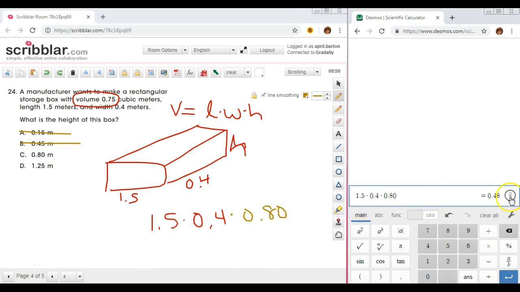We type it in, we get 0.48, also not our answer choice, which means D has to be our answer. But you can always type it in just to be sure. So instead of our height being 0.8, now we do a height of 1.25, and we get 0.75 as our volume.